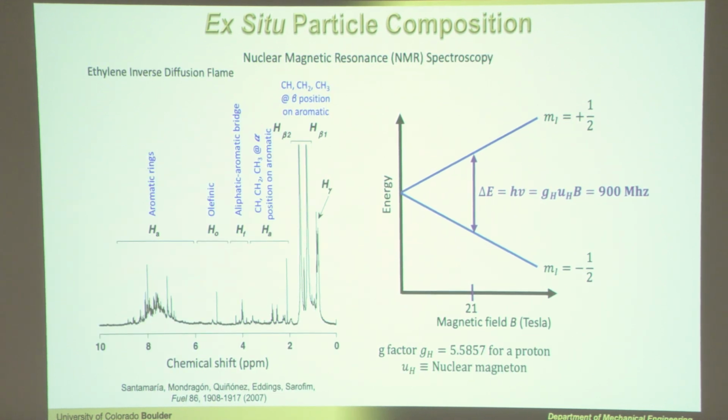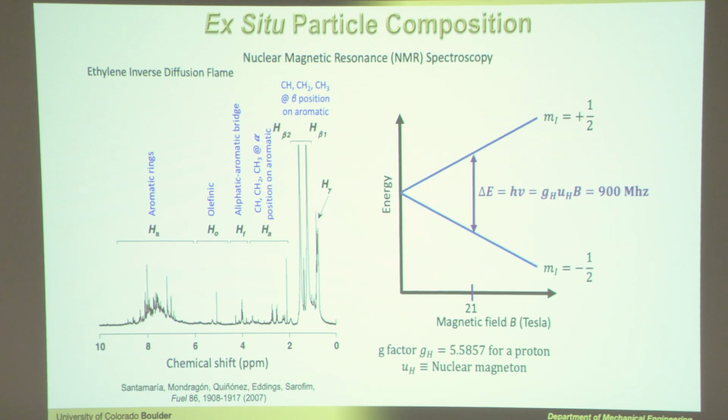Okay, NMR, nuclear magnetic resonance, is similar to electron magnetic resonance, and now you're looking at the nuclei. This is a really, really common technique that organic chemists use. Again, you need a big magnetic field. In this case, though, you're looking at the hydrogens in your sample.